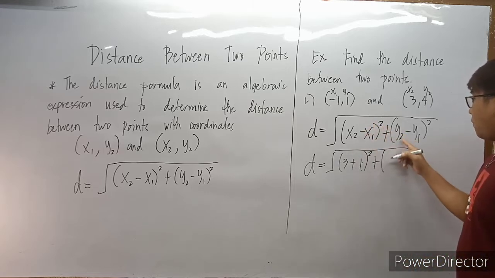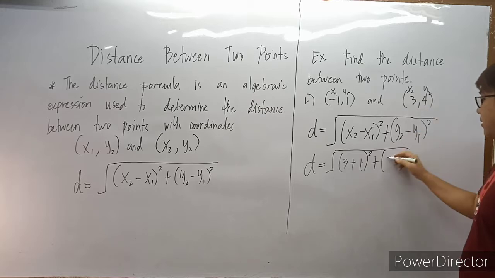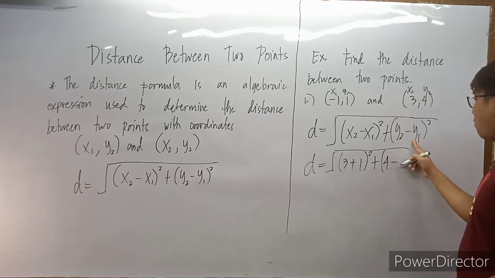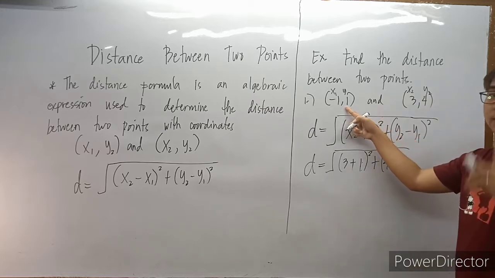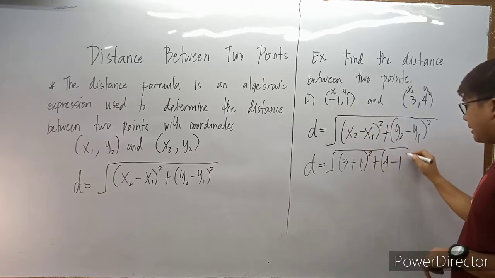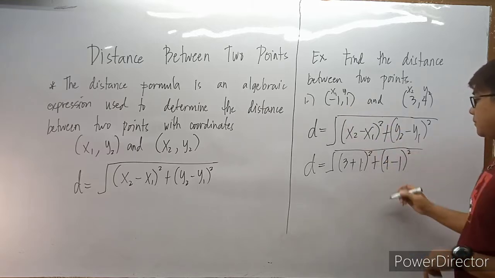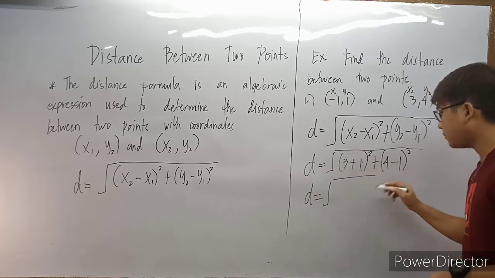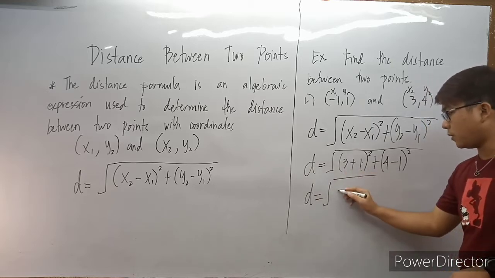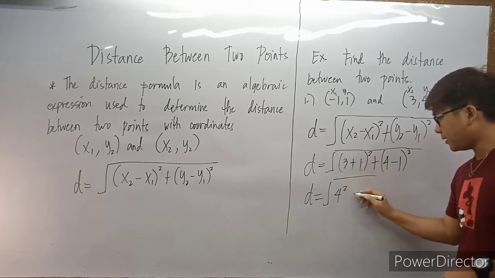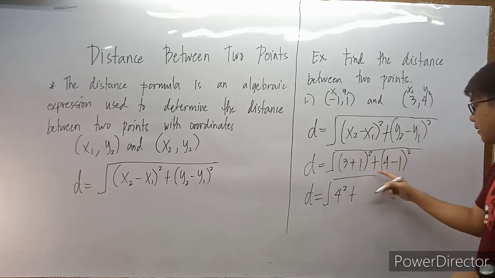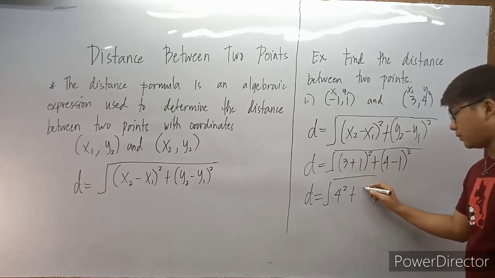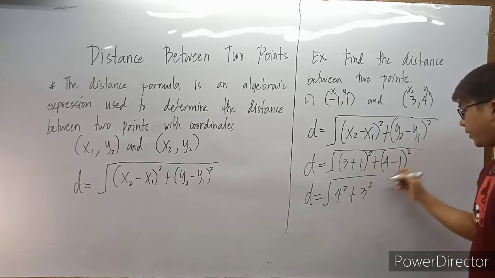Plus y sub 2 natin, 4 minus y sub 1 natin, is positive 1. So, salpak lang natin. Then, squared. So, solve lang natin. So, this is equal to 3 plus 1 is equal to 4, then squared. Plus 4 minus 1 is equal to 3 squared.